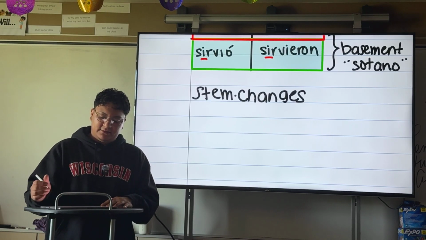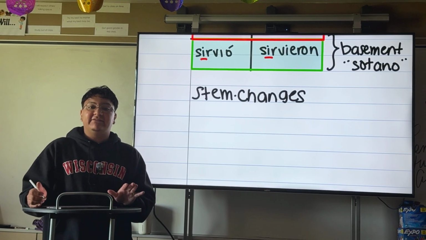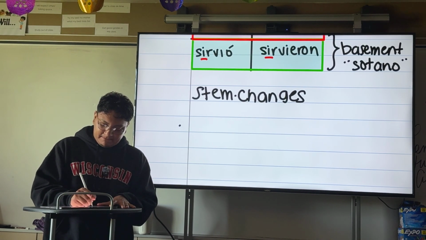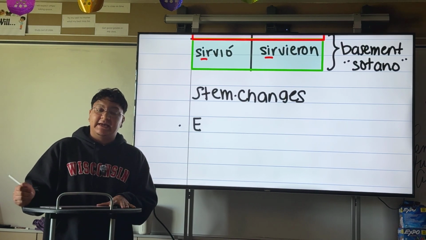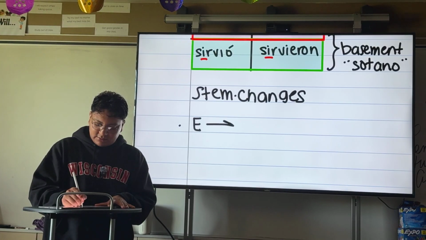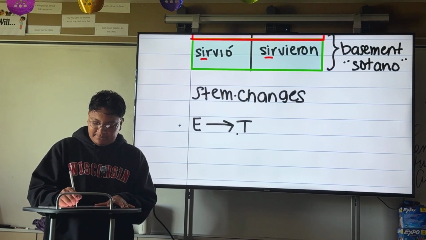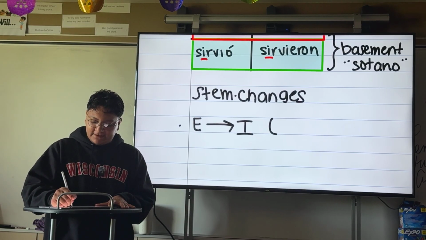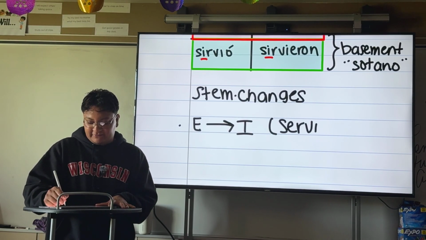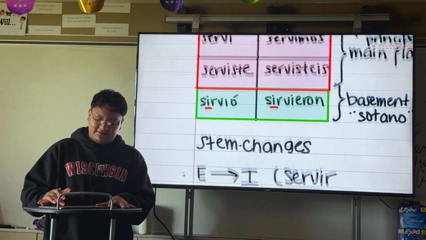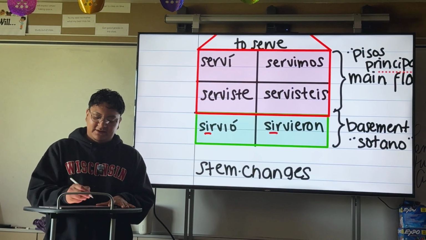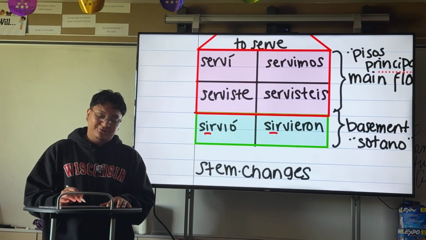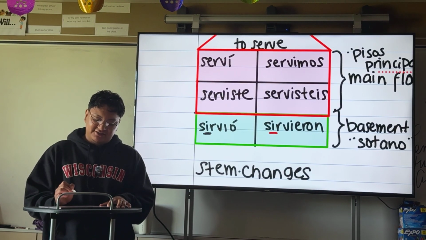So if the vowel in the stem has the letter E, it will change to the letter I. For example, servir, to serve, right? We did this in the previous example. It has the E, but when we need to renovate, it changes to an I.